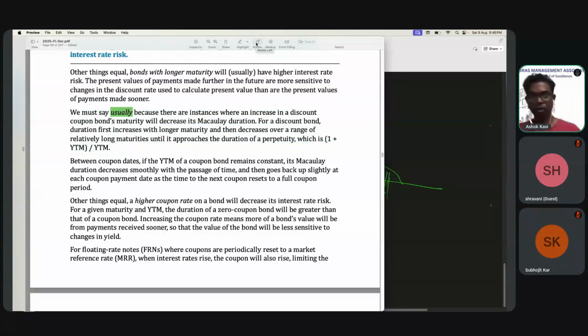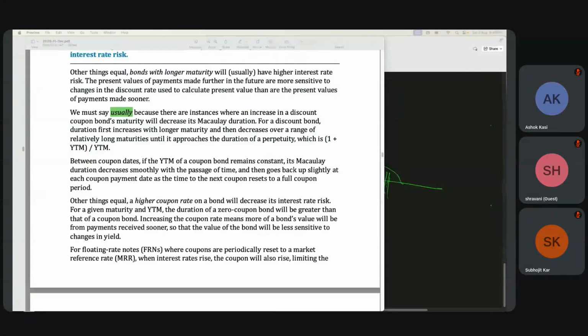Read "increase in" as one word. Discount coupon bond's maturity.